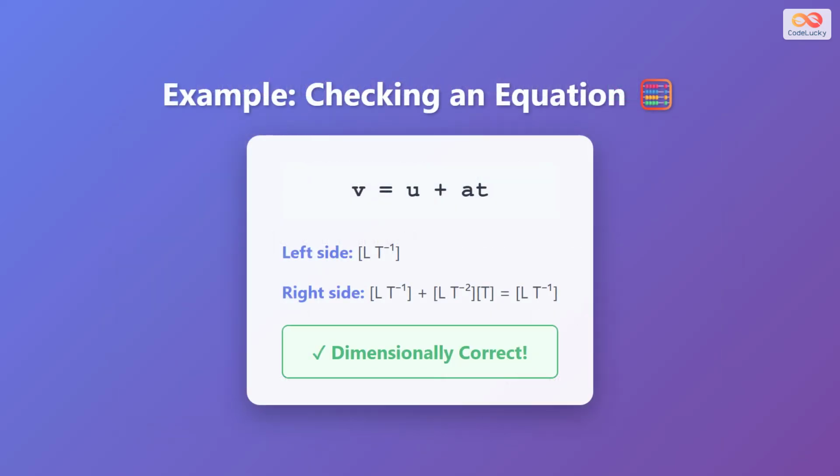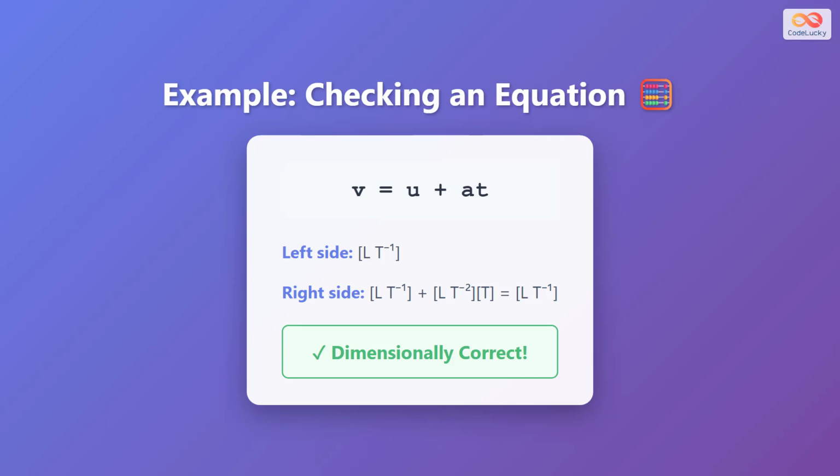Let's verify the equation v equals u plus a t, which describes motion with constant acceleration. On the left side, we have velocity v, which has dimensions [LT^-1]. On the right side, we have initial velocity u, which also has dimensions [LT^-1], plus acceleration a times time t.